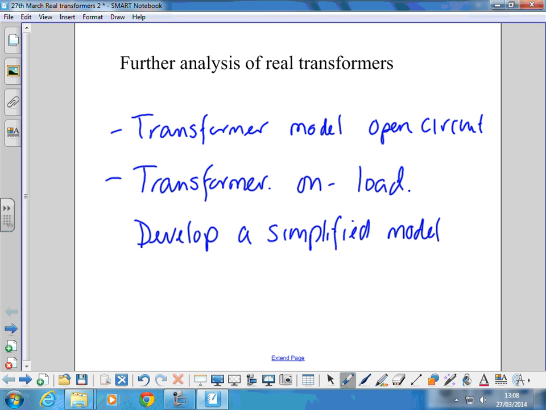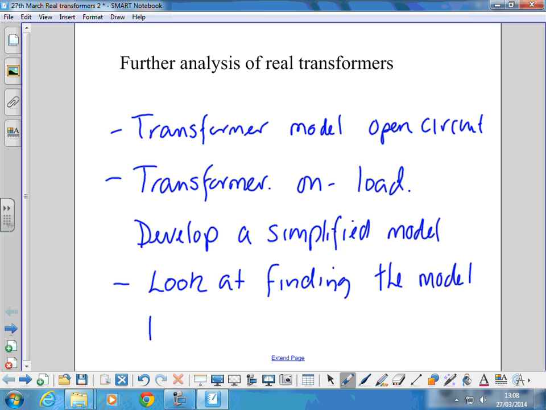Okay. The other thing we're going to do is look at finding the model parameters of a real transformer.